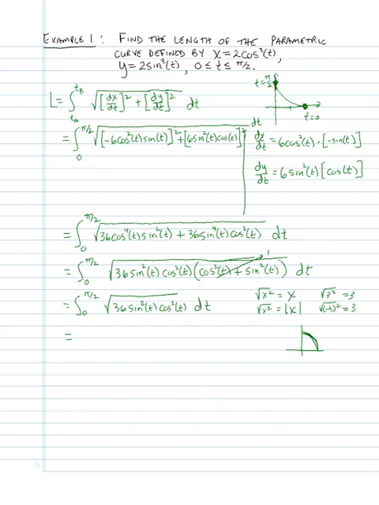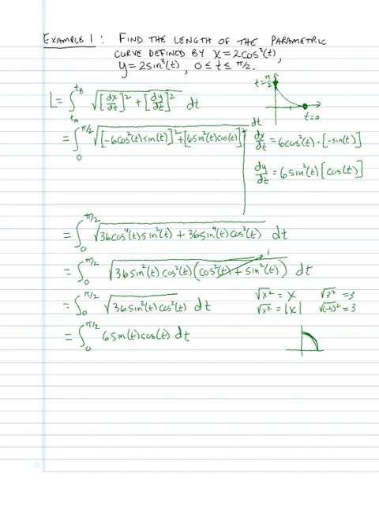So under the circumstances here, we have a square root of 36 sine squared t, cosine squared t, and we know sine is positive and cosine is positive because of the t values we're working on. So we can actually very readily say under those circumstances the square root ends up being a 6 sine of t cosine of t dt. Now we have something that's a little easier for us to work with.